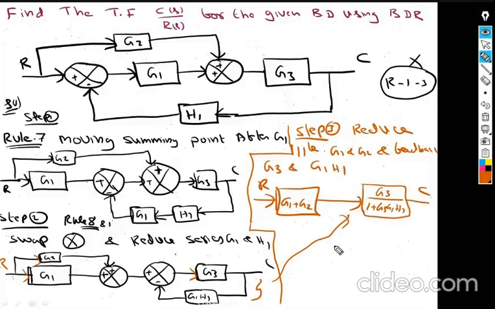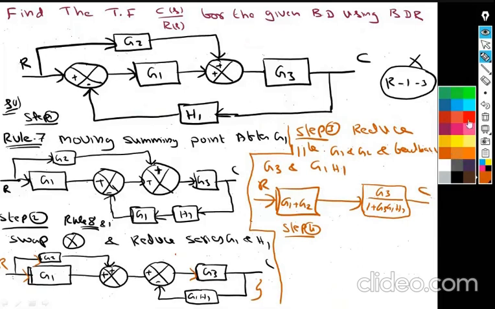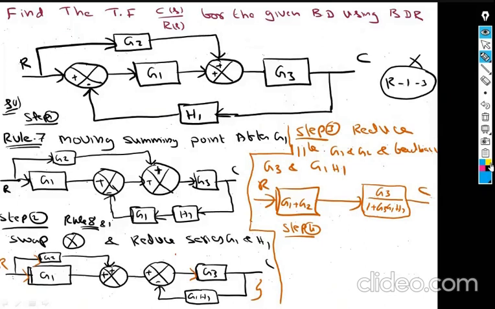Now the final step is step number 4. Observe these two blocks: they are in series. So step number 4 is reducing the series blocks.